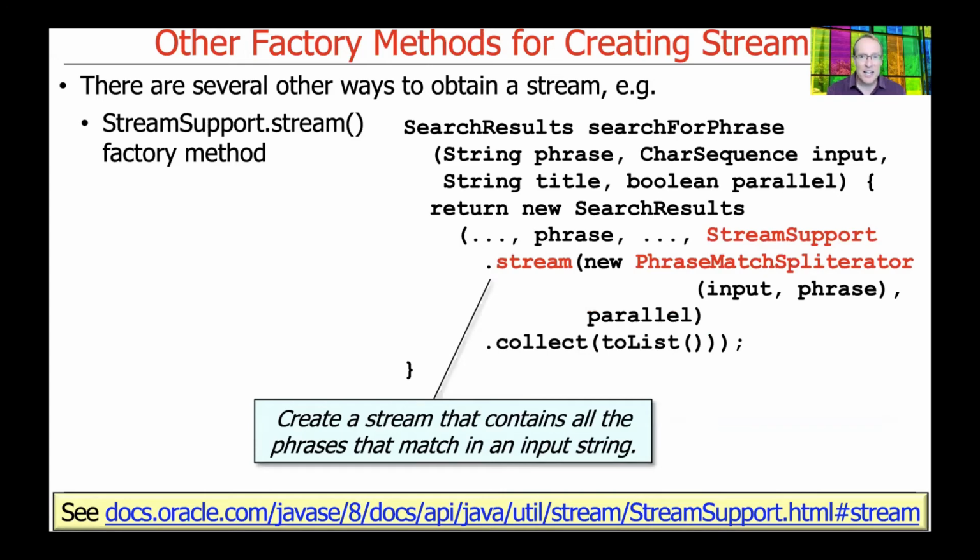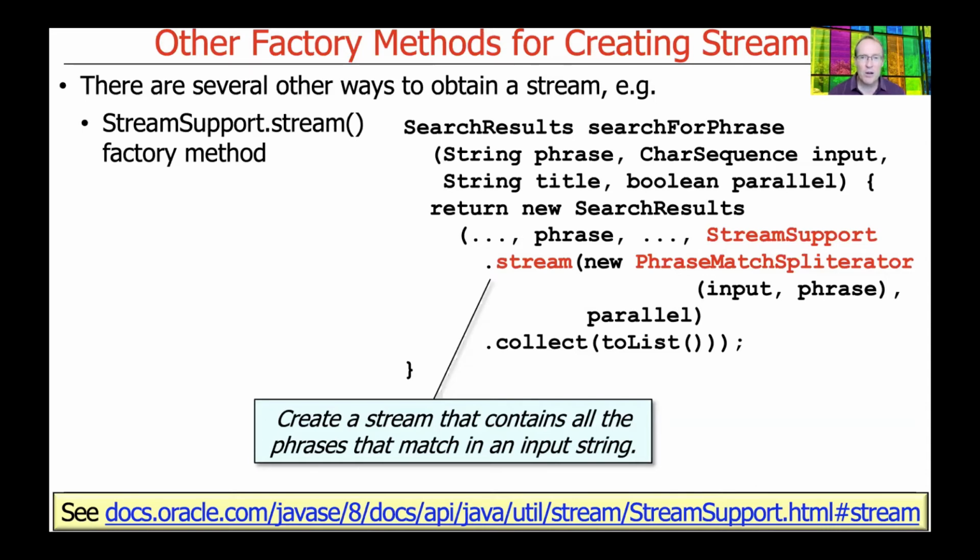One of the most interesting ways of creating a stream, which we will cover in this class quite a bit, and you'll get a chance to use later, is the StreamSupport.stream factory method. What this does is it takes something called a Spliterator, which grad students are doing in assignment 1B, and everybody will get a chance to do in assignment 2A.